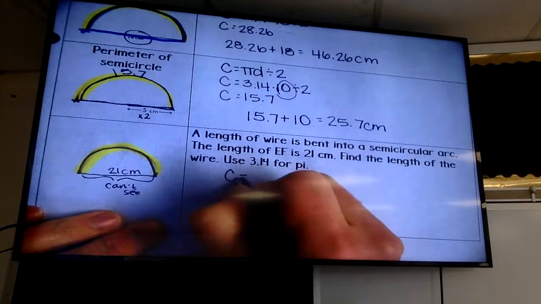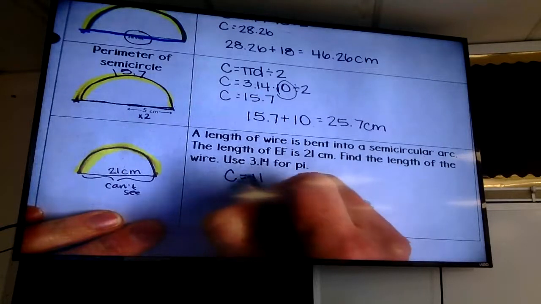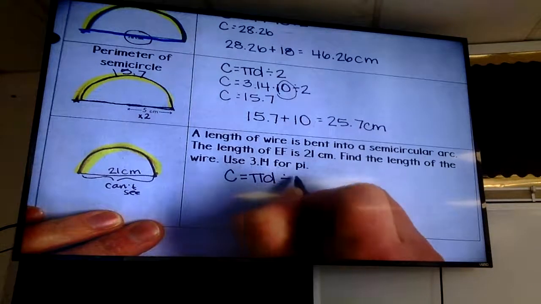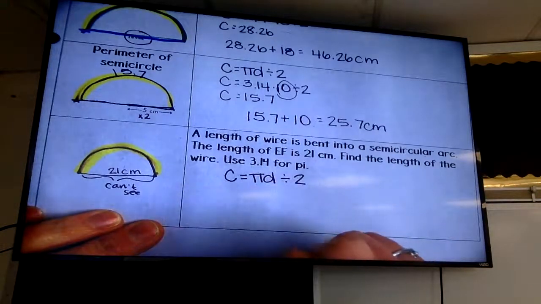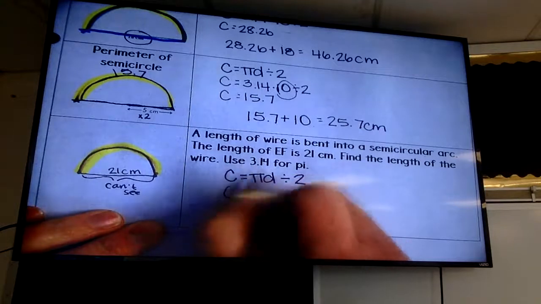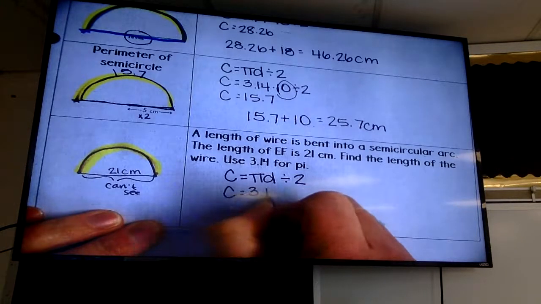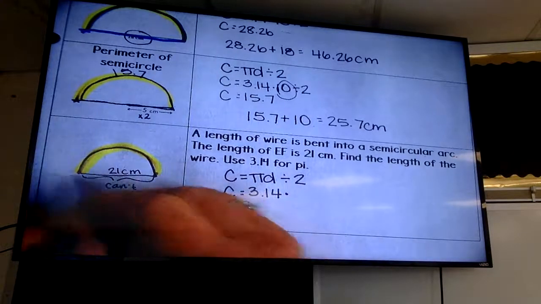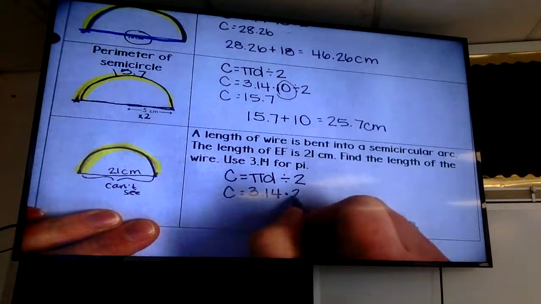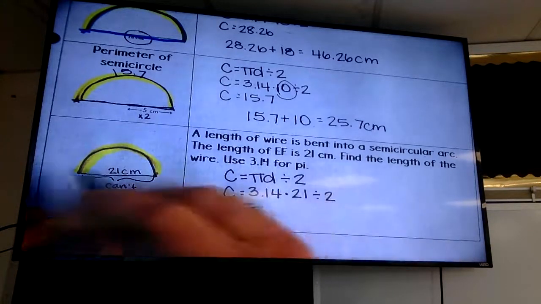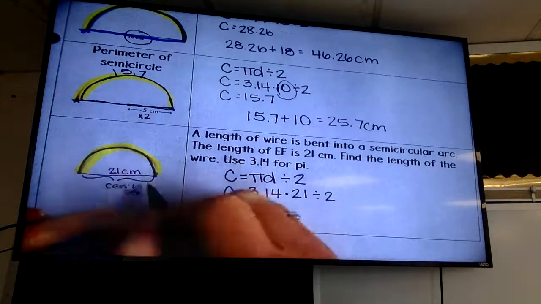So I would say C equals pi times diameter, semicircle, so I'm going to say divided by 2. All right, let's fill in what we know. We know that pi, it says to use 3.14, so 3.14 times the diameter. Oh, that was given to us. It's 21, divided by 2, because it's not a full circle, it's just half of a circle.